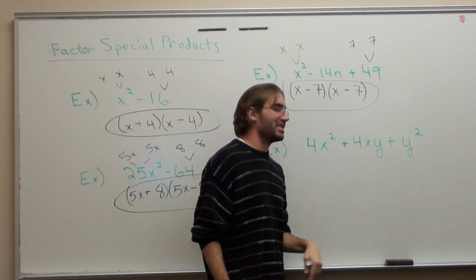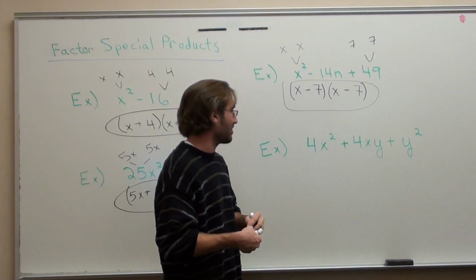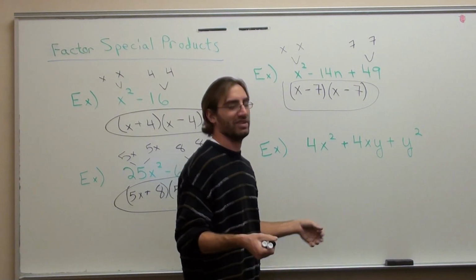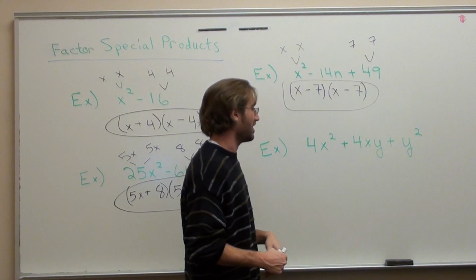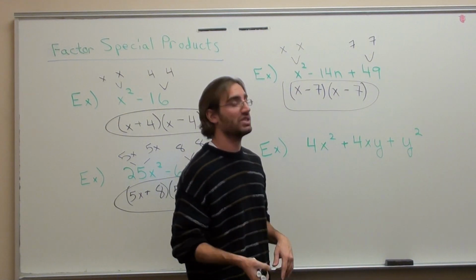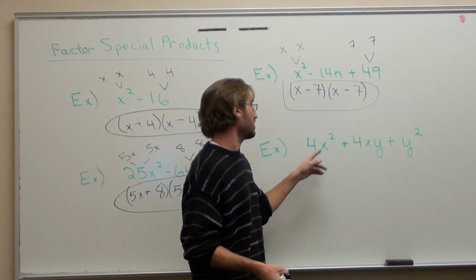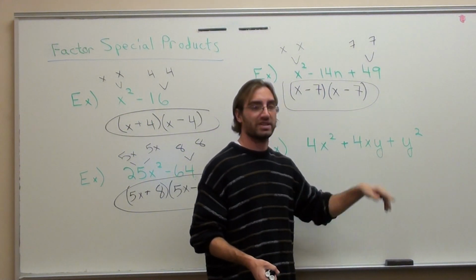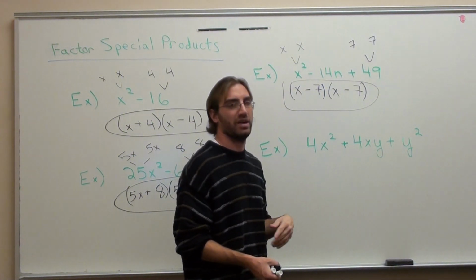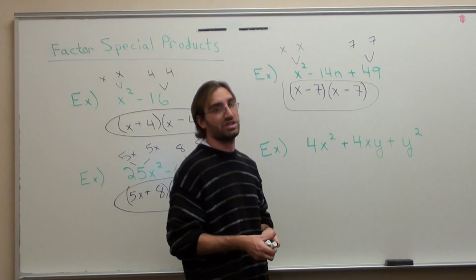You check to see if it's in order from highest degree to lowest degree, or in proper form. I can't even tell looking at this monstrosity. But I can tell it has no GCF. You can take a 4 out of here, but you can't take a number out of here. You can take an x, but there's no x there. y, no y there. So there's nothing you can do besides just factoring it.